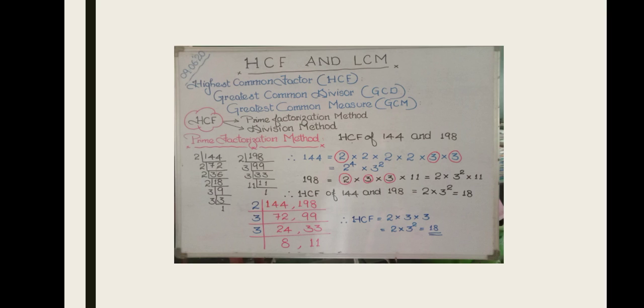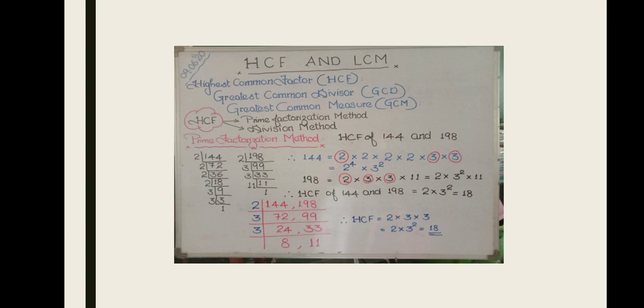Highest common factor: the greatest number which is a common factor of two or more given numbers is called their highest common factor. That means we already learned how to find the factors.